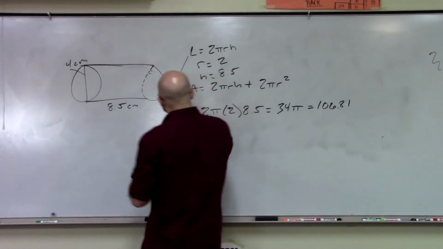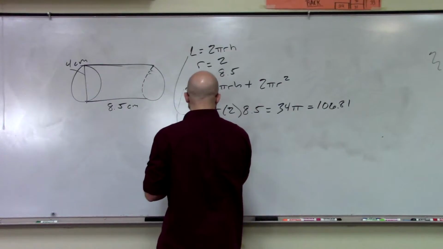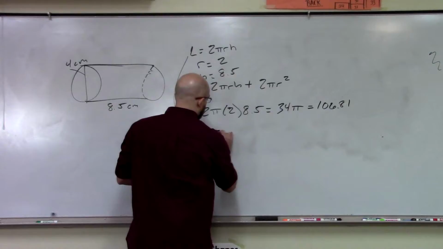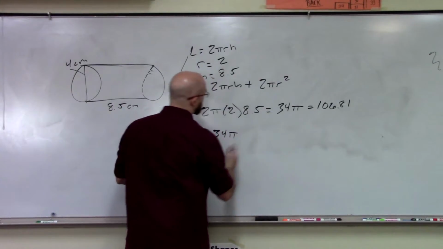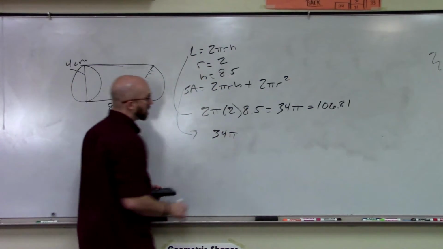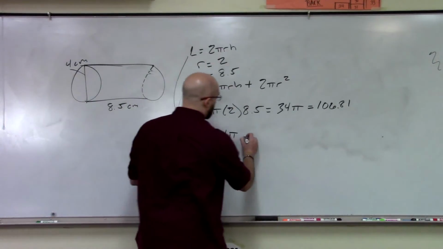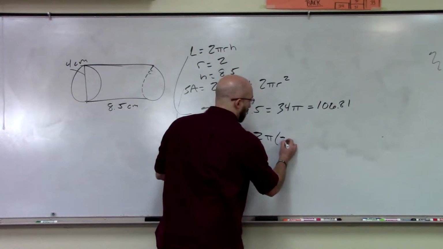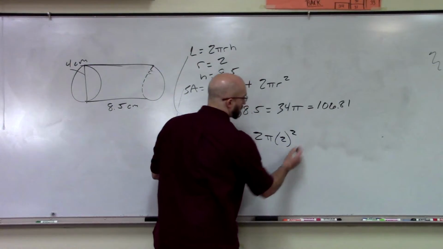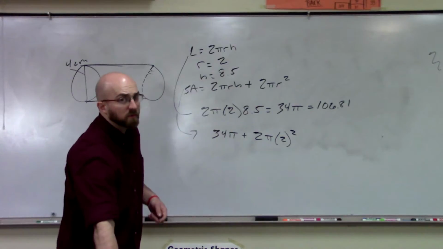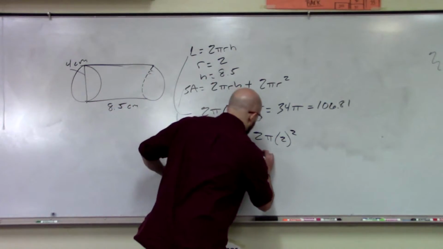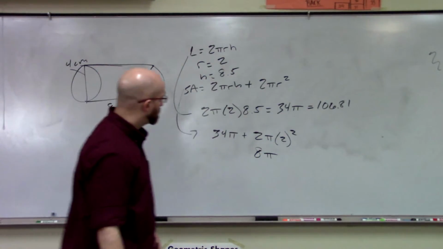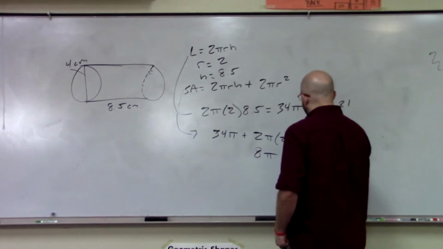So surface area. Well, I already know what this answer is going to be, right? So 34 pi plus 2 pi 2 squared, right? So that means just 8, because 2 squared is 4, times 2 is going to be 8 pi. So 34 plus 8, 42 pi.